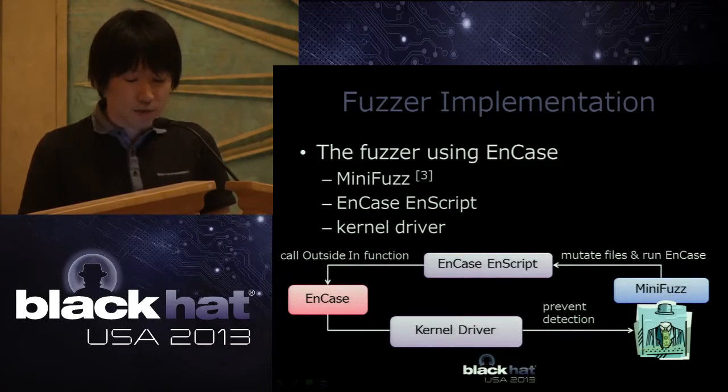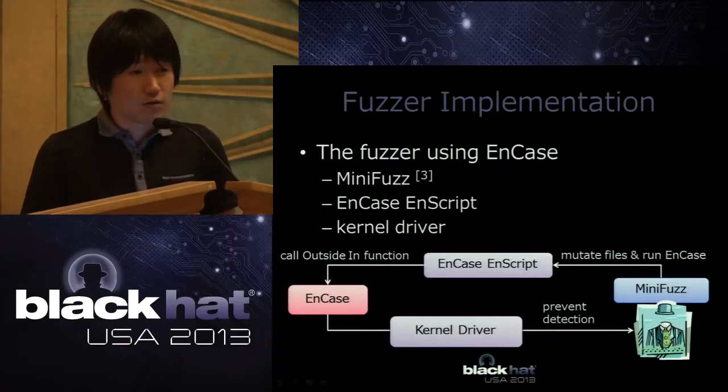Next, a custom script called an EnScript invokes Outside In functions to display files. By the way, EnCase usually detects MiniFuzz and terminates it immediately, because MiniFuzz debugs EnCase to monitor exceptions and register values at that time. So I wrote a kernel driver to prevent detection.